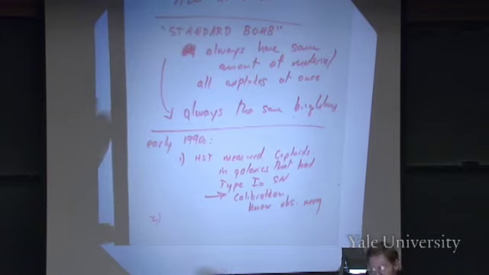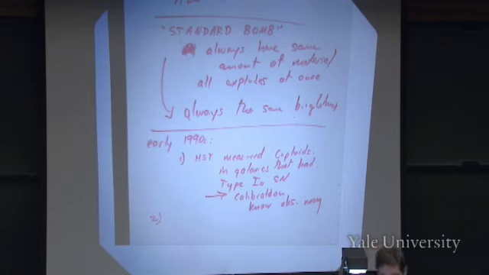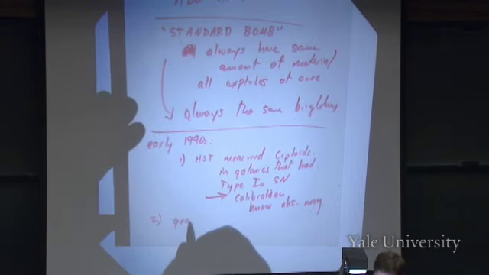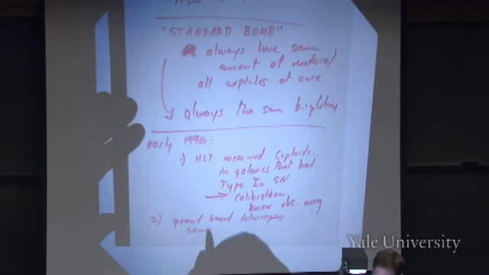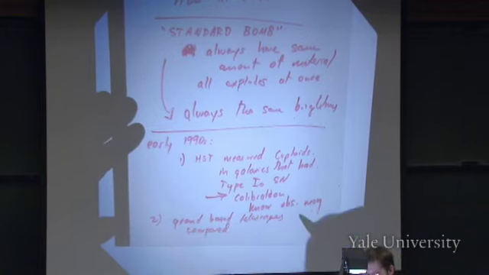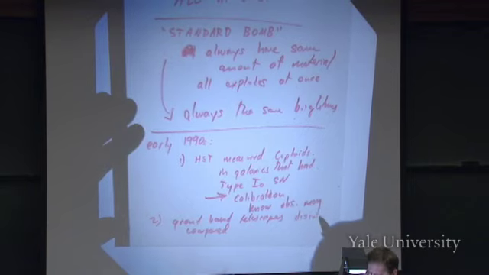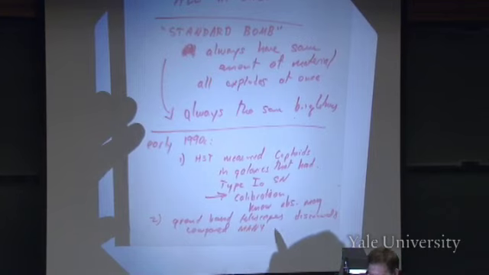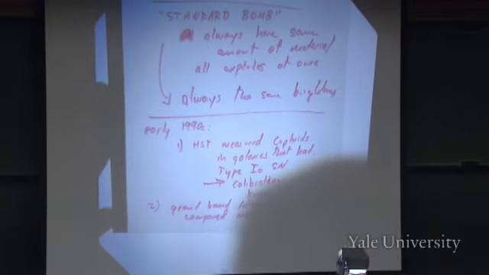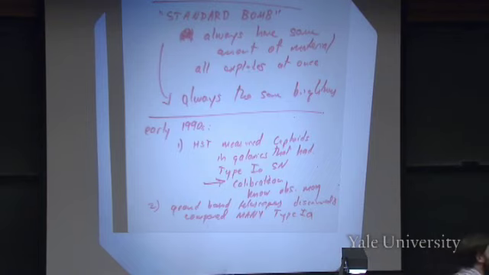What then came out of that and other things, mostly done with ground-based telescopes, is that ground-based telescopes discovered and compared many of these type 1As, and discovered that it isn't actually quite true that they all look to be the same brightness.